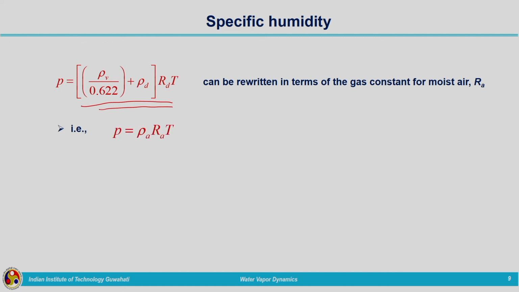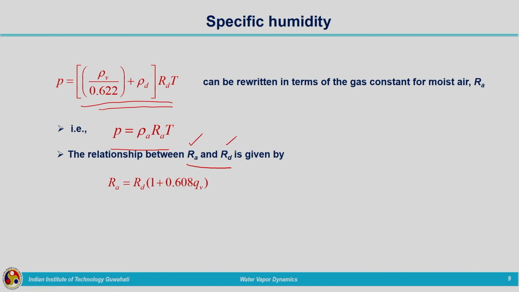So it can be written again as P equals rho A RA T. By making use of these two equations, we can find the relationship between RA and RD, that is, the gas constant corresponding to moist air and dry air, as RA equals RD multiplied by 1 plus 0.608 QV. Again, we substitute for RD, whose value we know is 287, multiplied by 1 plus 0.608 QV joules per kilogram Kelvin.